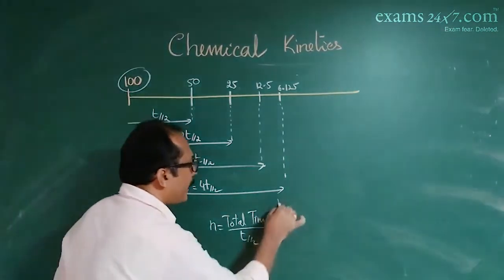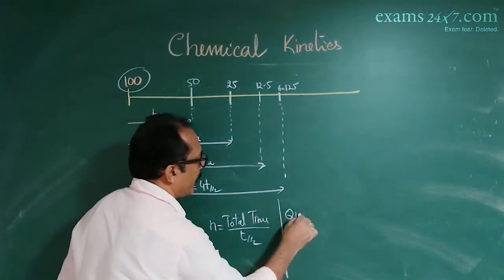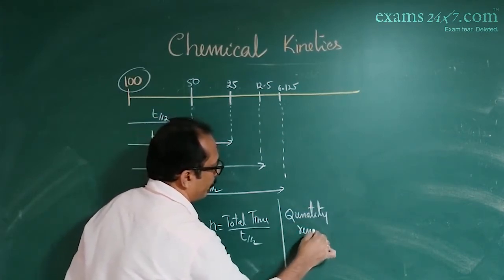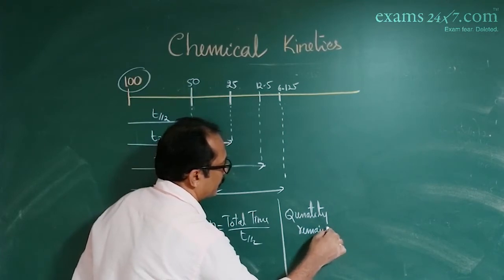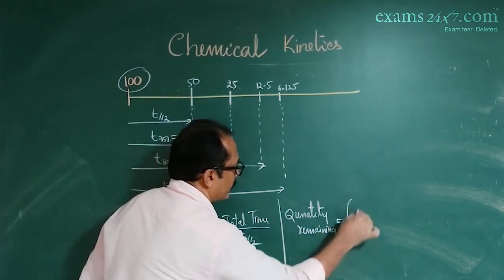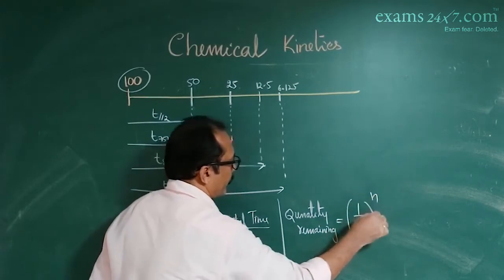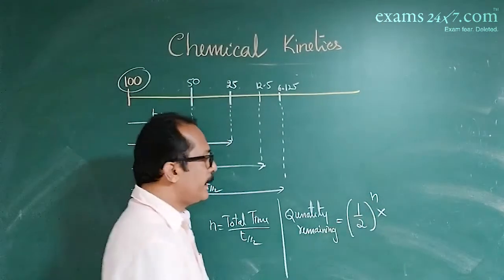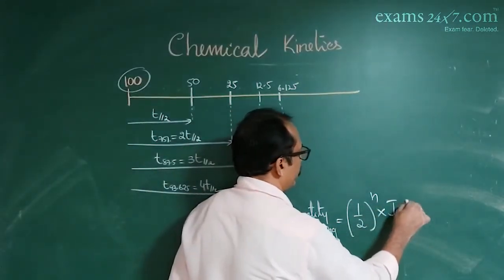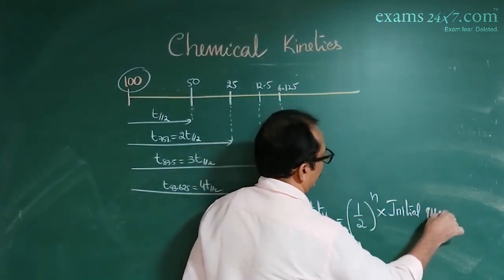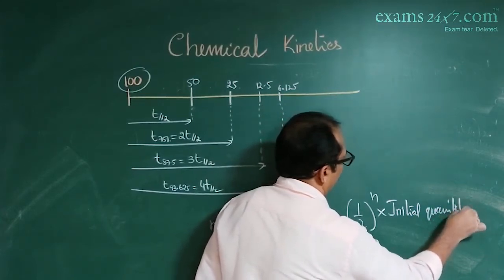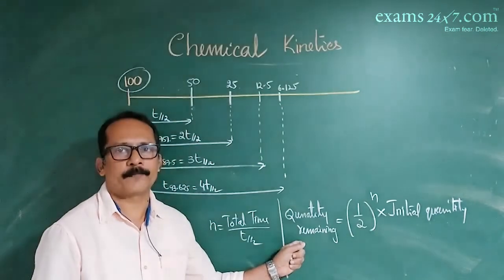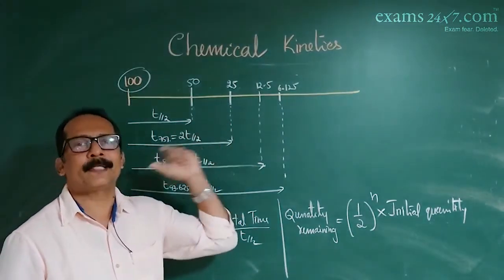Then quantity remaining after n half-lives is half to the power n into initial quantity. Using this formula, you can calculate the quantity remaining after n half-lives. If you follow this method, it is the simplest method.